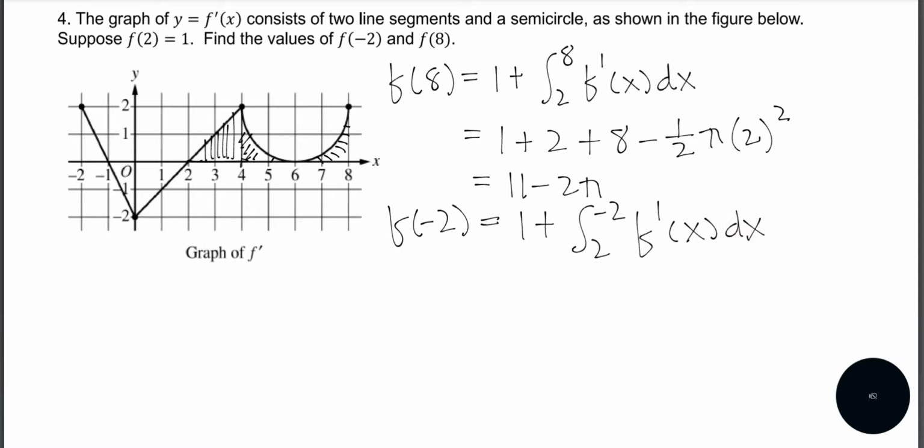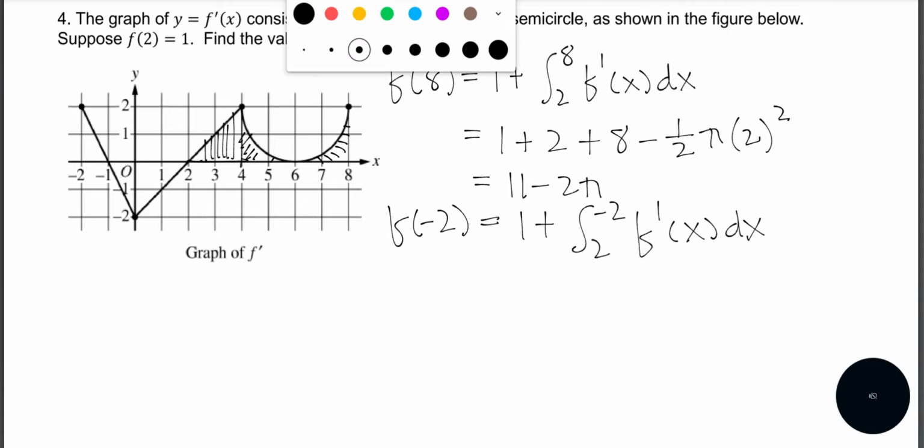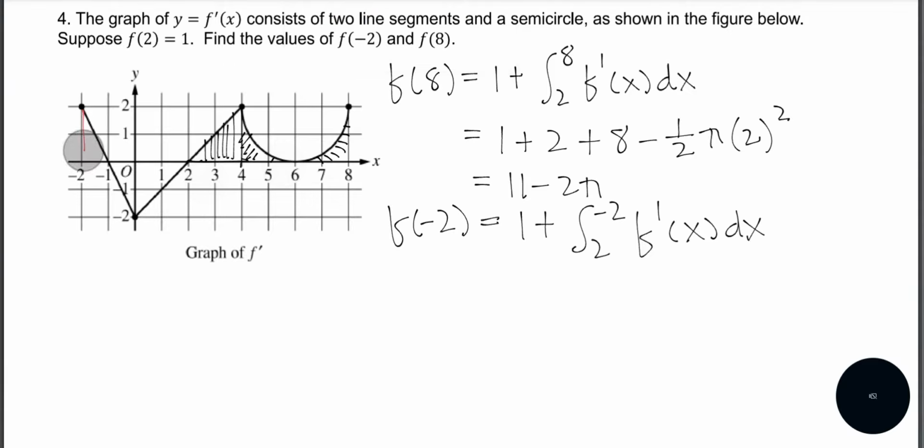Okay. And now the integral from 2 back to negative 2 would be the negative of the integral from negative 2 to 2, so that's going to be, okay, this would be positive 1. Okay, 1/2, 2 times 1, yeah.